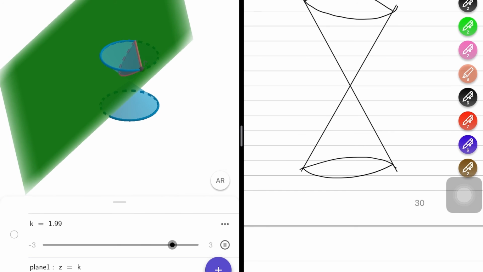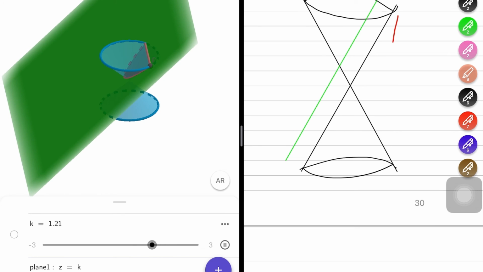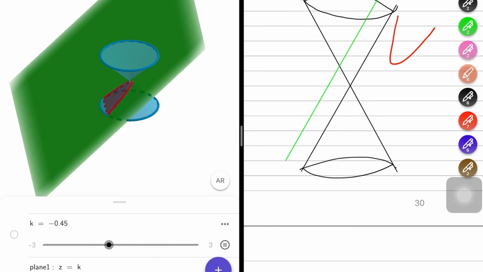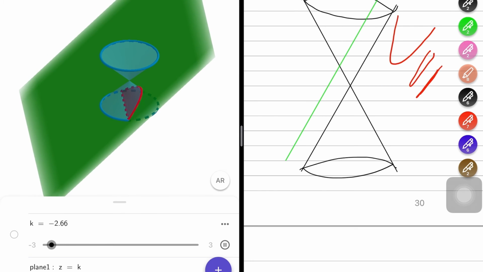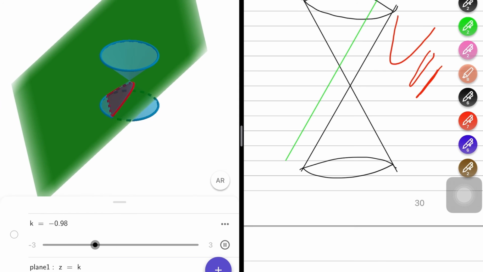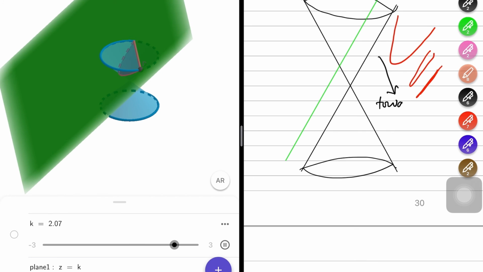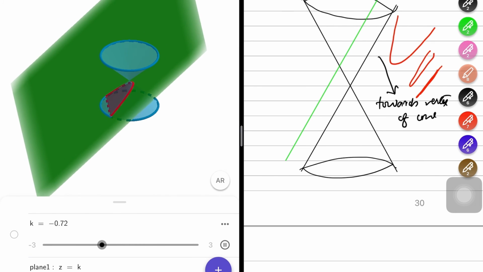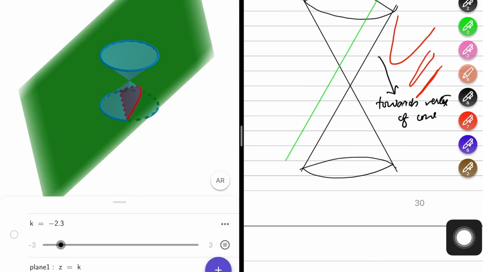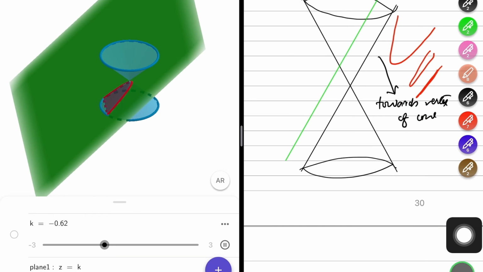As we move towards the vertex of a cone, its size decreases, and at the vertex it becomes a straight line.